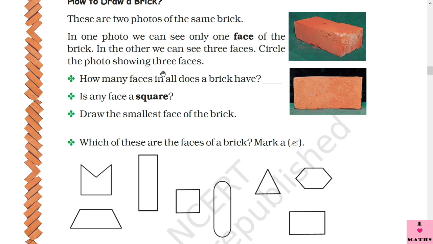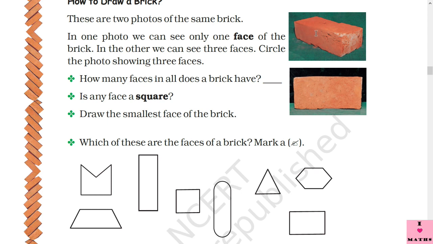So a brick has how many faces you have to find out. Just imagine a brick. Now in this picture, the brick has one face, two face, three face. Three faces are such which you can see in the picture. But actually, if this is the top of the brick, face number one is the top of the brick, then face number two is the floor of the brick or the bottom of the brick.